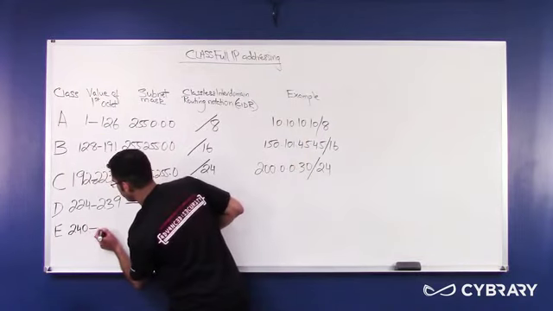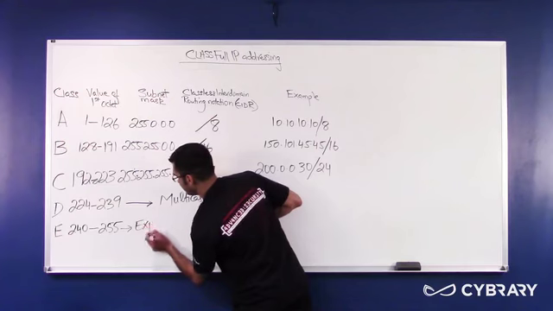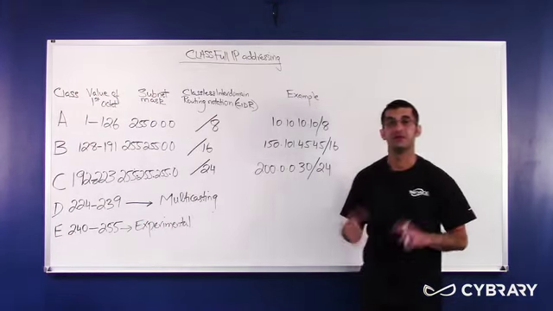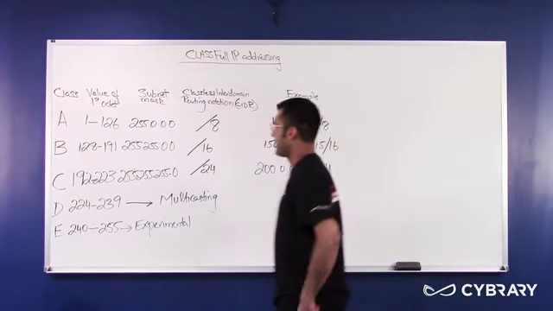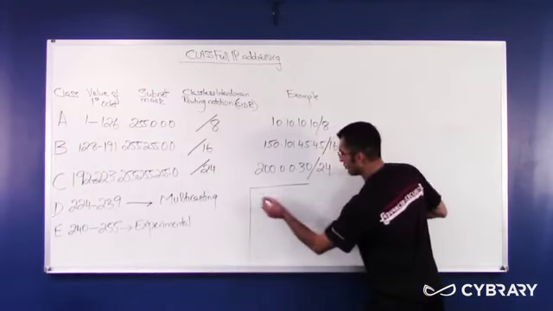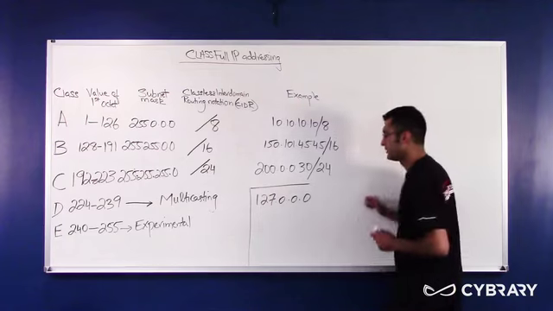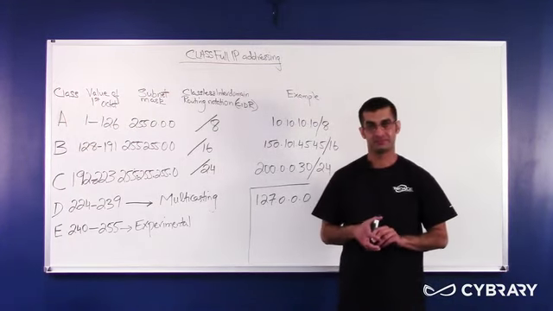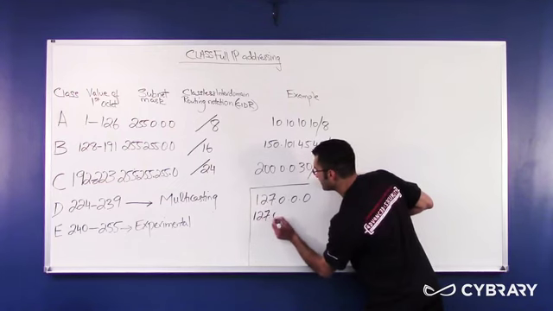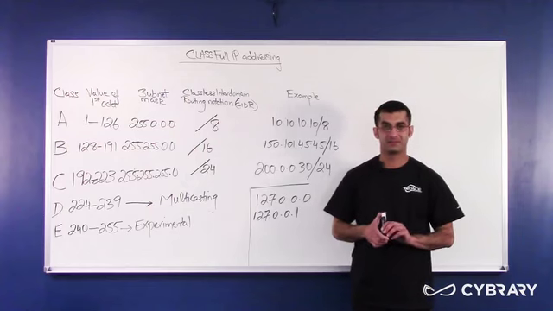Then there is Class E. I believe it goes from 240 all the way to 255. And this is experimental and unused. You notice that I left the number 127 out. The 127 is not in this range. The whole range, 127.0.0.0, is reserved for testing. The 127.0.0.1 address is called the local loopback.